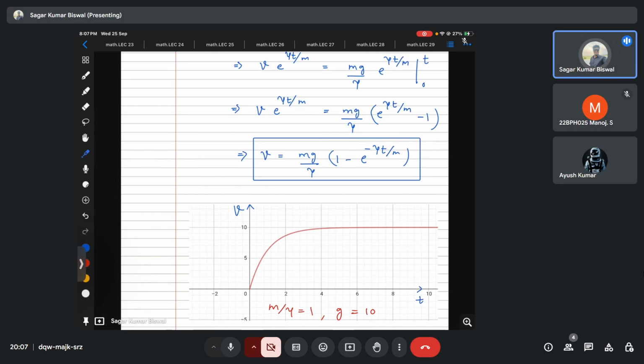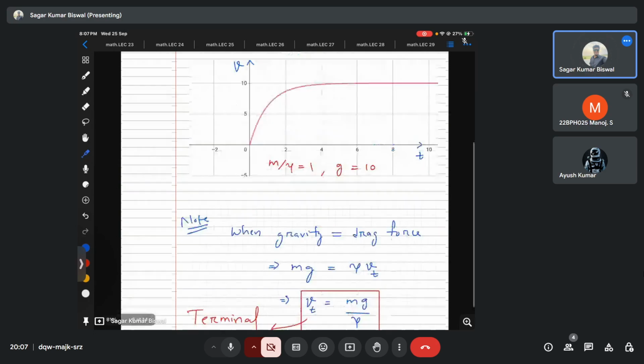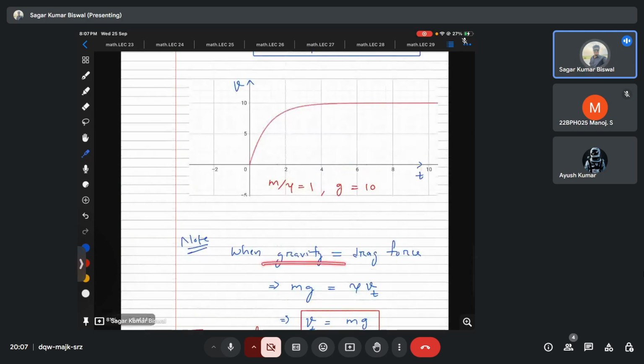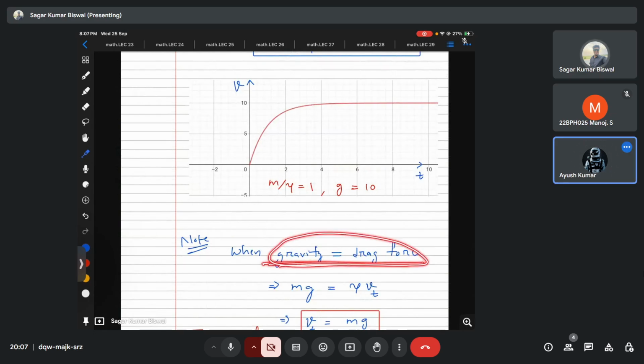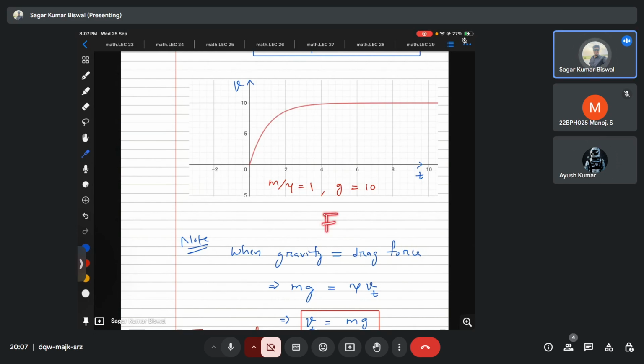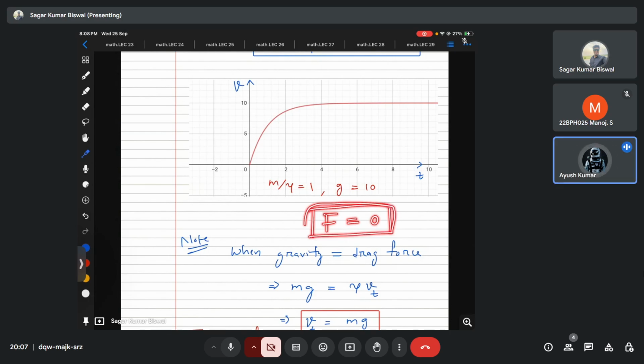Okay, let me tell you. At this point, what is happening is that the point at which the velocity is becoming constant, this drag force is actually becoming equal to the gravity force, right? So then what will happen? The net force on the system will become zero, right?